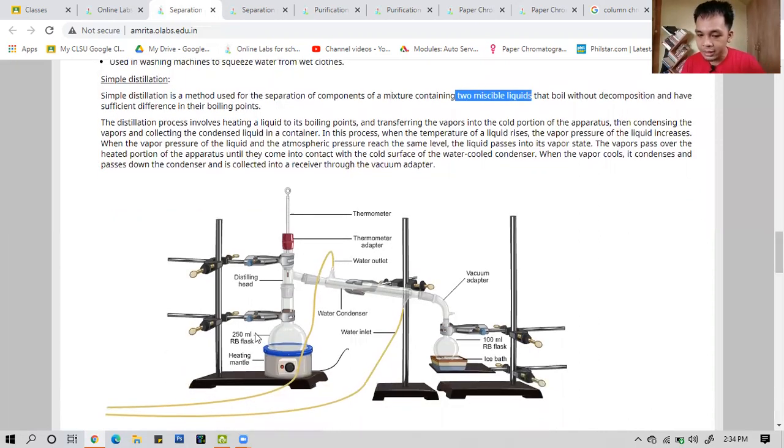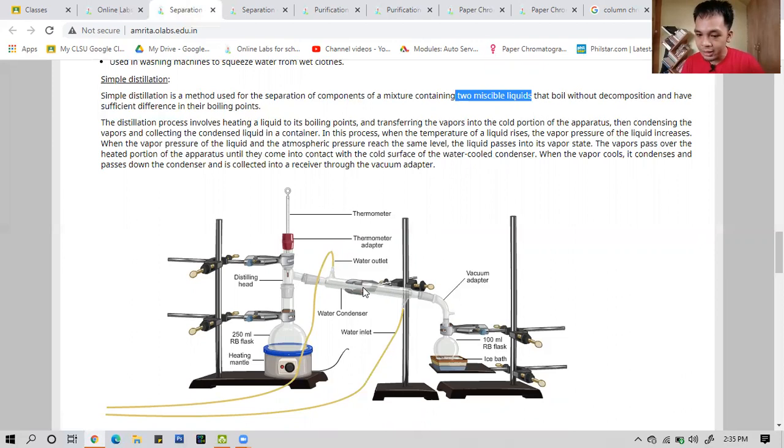So what we do here, guys, is just heat. Boiling or vaporization, converting the liquid into what? Gaseous state. The gas will then flow here. The purpose of the condenser, guys, is that cold water flows through it, so that when the gas cools, it is converted into liquid.